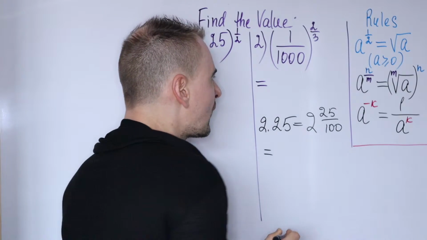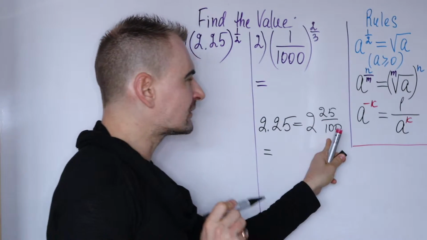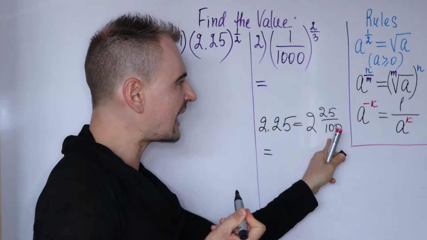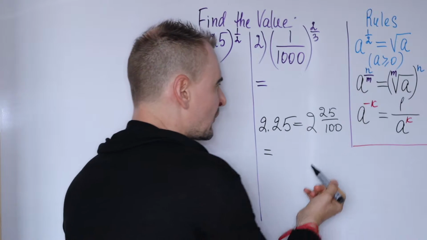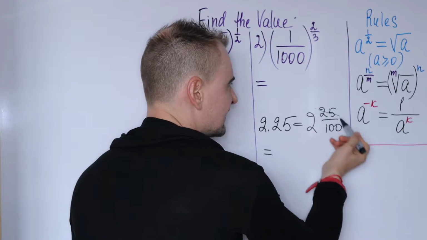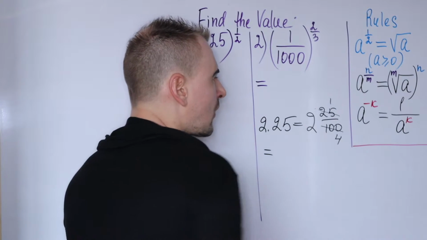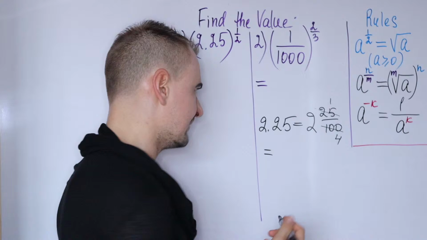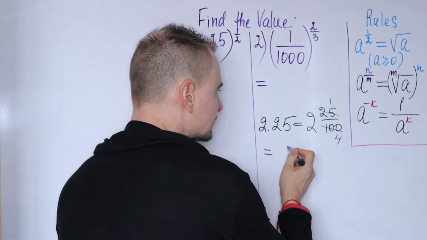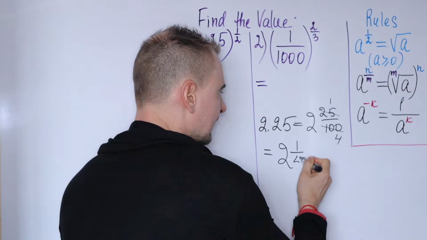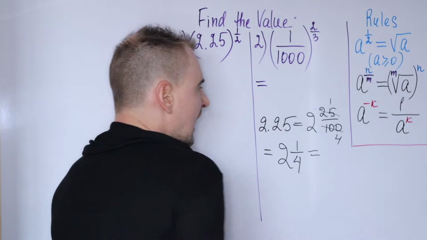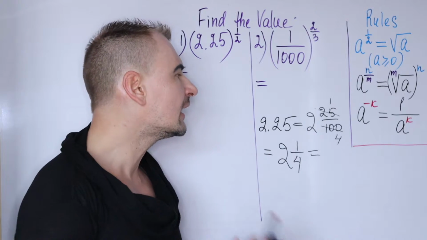At this point, 25 over 100 can be reduced to 1/4, since 25 fits into 25 once and 25 goes into 100 4 times. So it simplifies to 2 and a quarter.